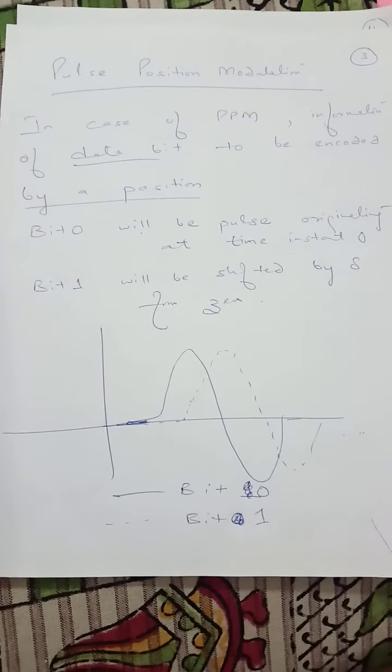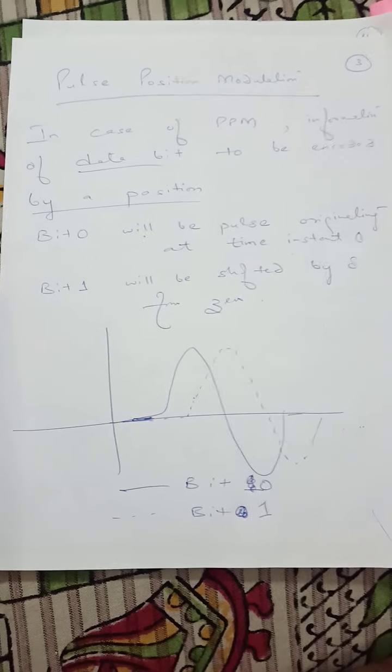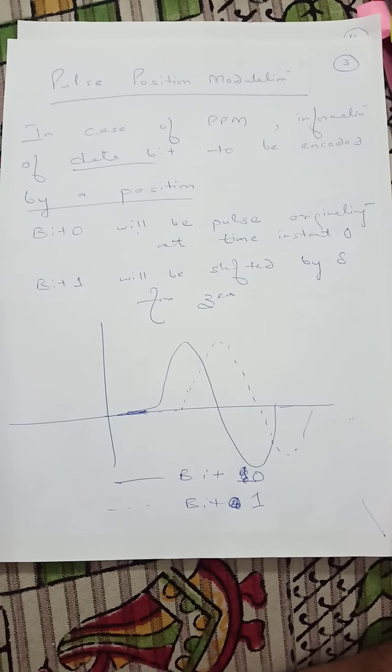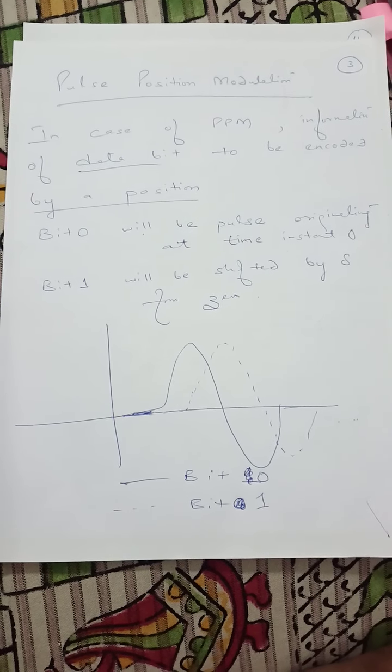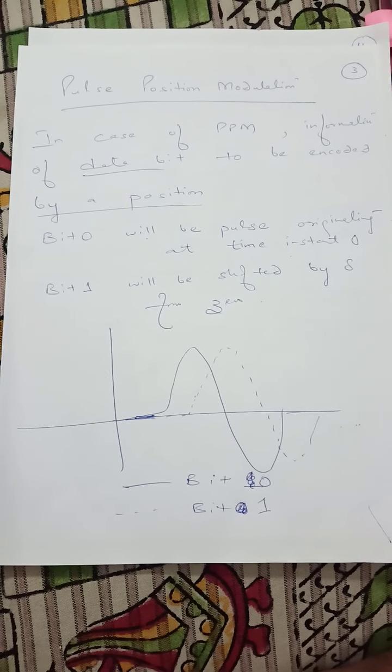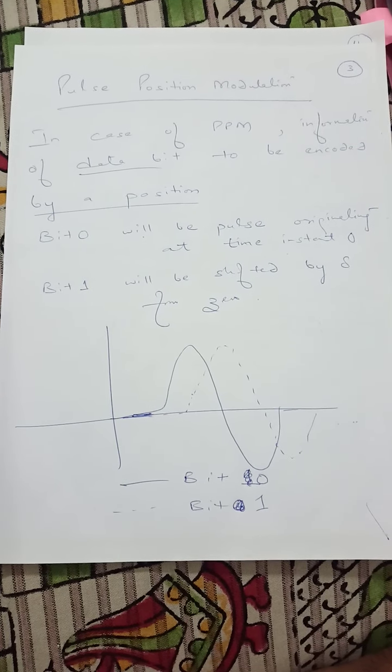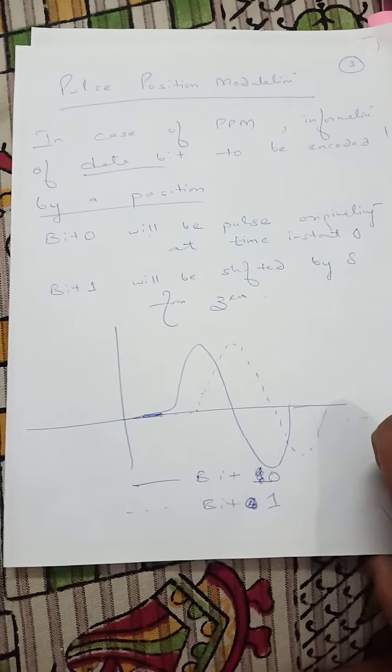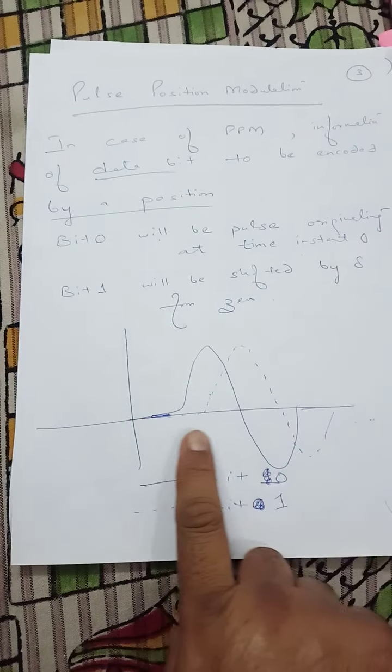So another very important technique is pulse position modulation. Here in this case, the information of the data to be encoded is changed by position. That is, say bit 0 will have a pulse originally at a time instant 0, while bit 1 will be shifted by an interval, that is delta. The same can be seen in this figure.